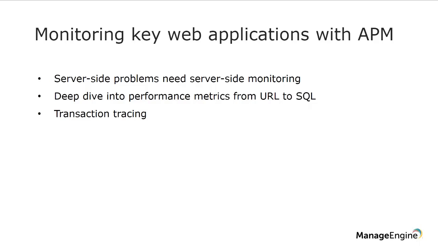Then again, deep diving into the performance metrics, from the URL to the SQL query level, as I have already mentioned, and then analyzing the traces of various transactions and the error traces, so we can understand in particular the problems that are occurring and the probable fix for those problems.